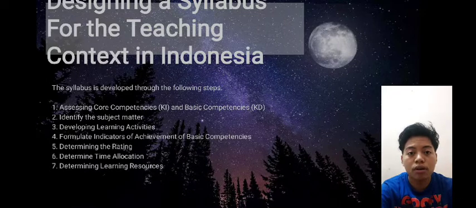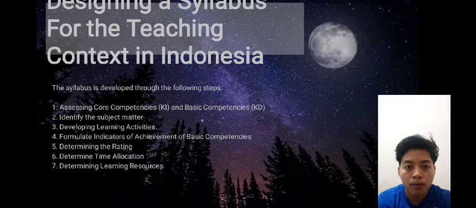3. Developing learning activities. Learning activities are designed to produce a learning experience that influences mental and physical processes through interaction between students and teachers, the environment, and other learning resources in achieving basic competencies. 4.